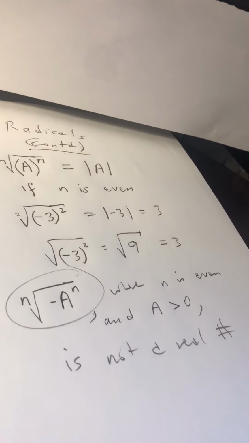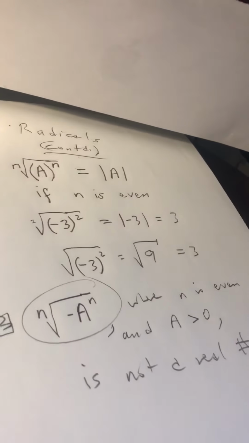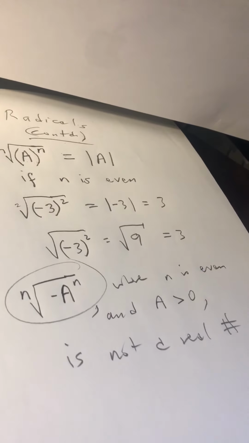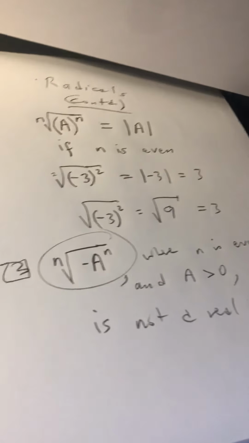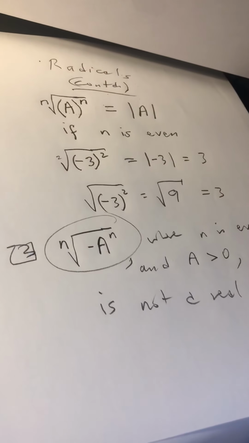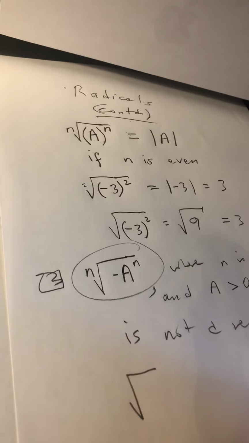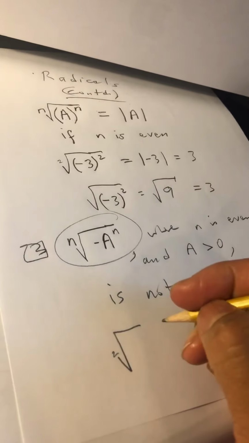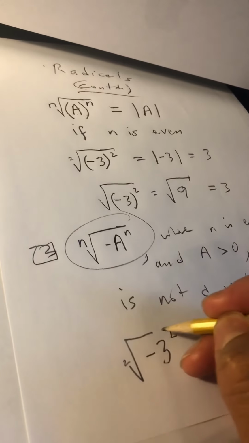So even roots, even exponents are a little bit different. We're going back to exponents and roots, and just want to say a few things before we continue with the lesson. A good example would be the square root, and again there's an invisible 2 there, of negative 3 squared.